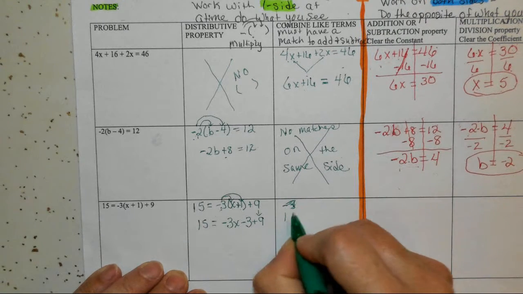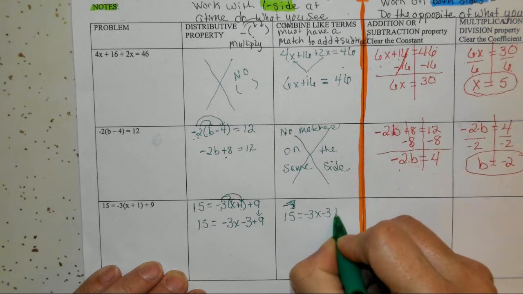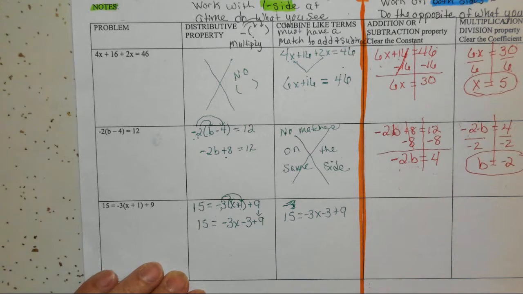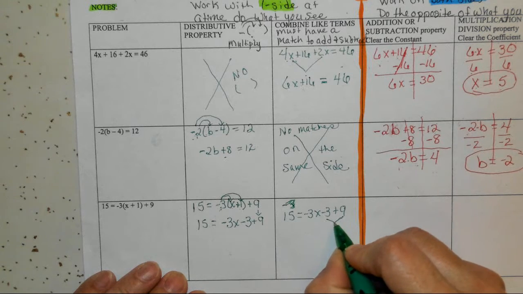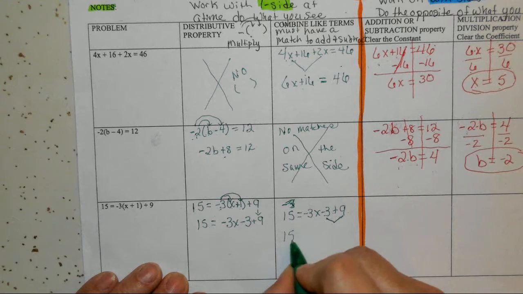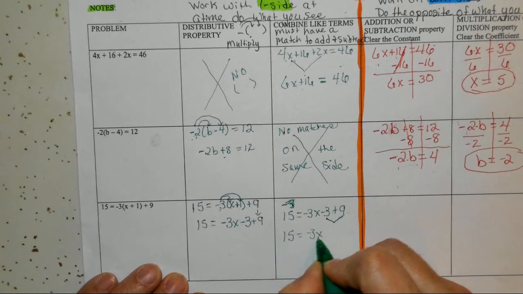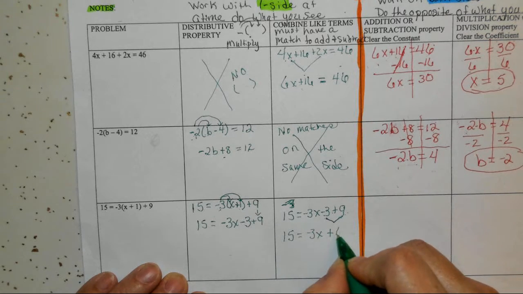So I'm going to keep the 15 equals negative 3x minus 3 plus 9. So the things that come together are, and we see this as a negative 3 plus 9. Remember, we go left to right here, bringing those together, and that leaves these two terms the same. Negative 3 plus 9 is positive 6.